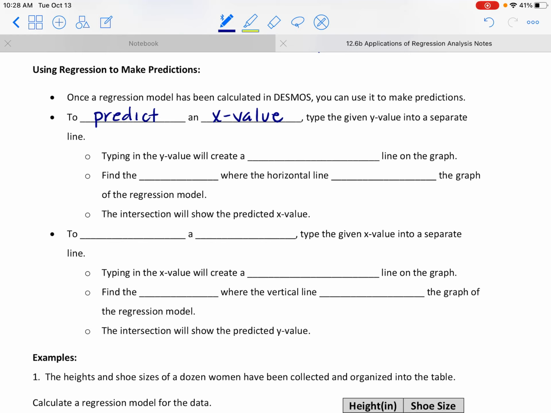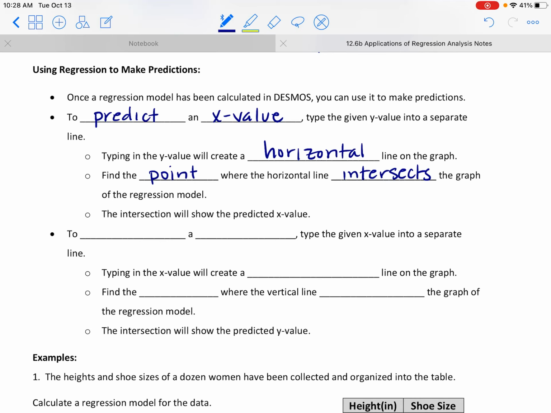So we want to type that given y value into a separate line, and when you do that, typing that y value in is going to create a horizontal line on the graph. We're going to try to find the point where that horizontal line intersects the graph of our regression model, and the intersection is going to show our prediction.